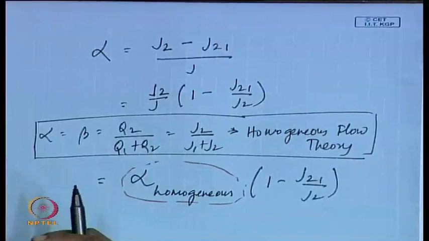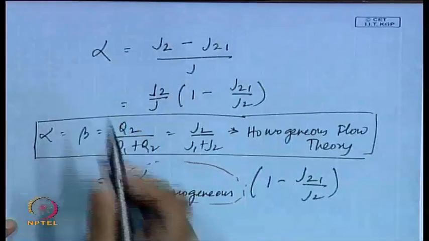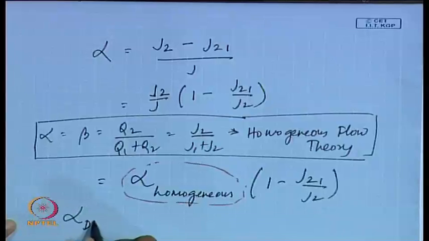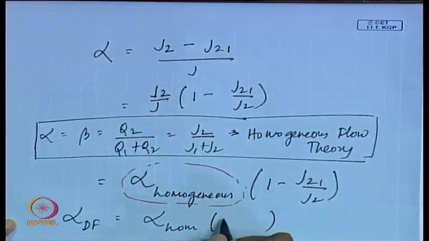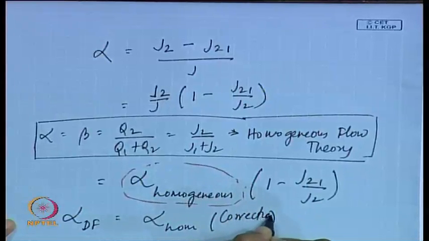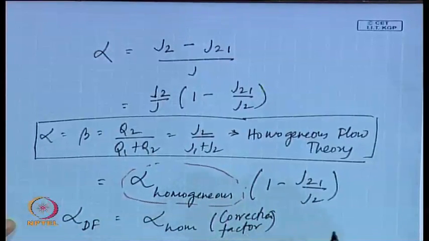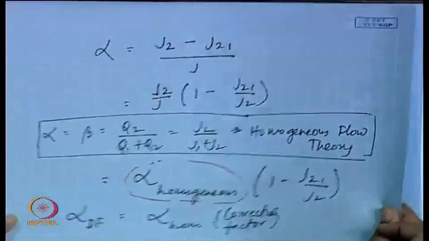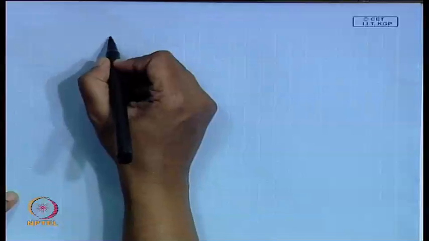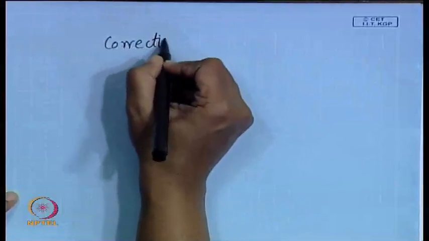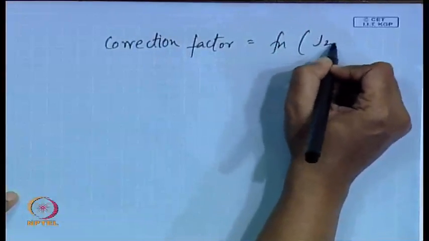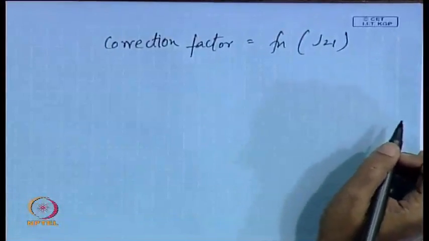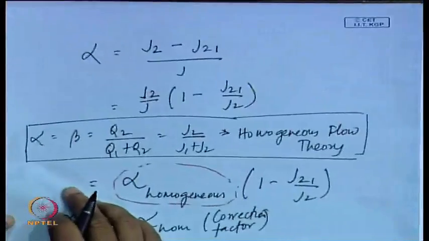So, basically we find that the alpha obtained from the drift flux model is equal to alpha homogeneous into some sort of correction factor, where this correction factor is a function of J21, is it not? So, what has the drift flux model done?